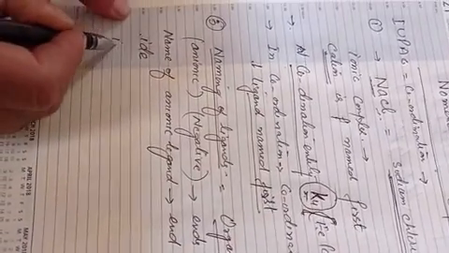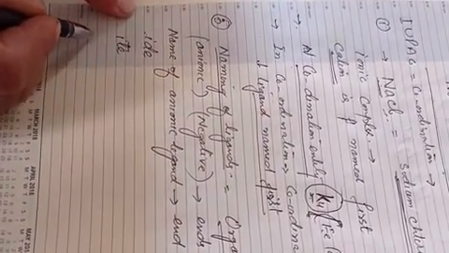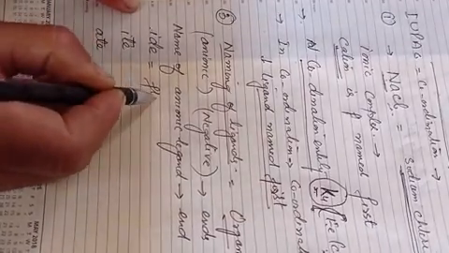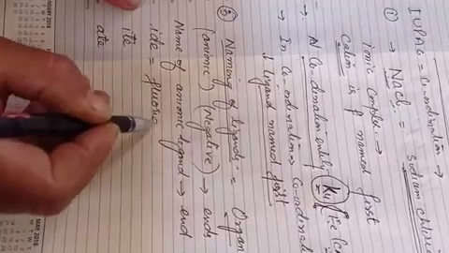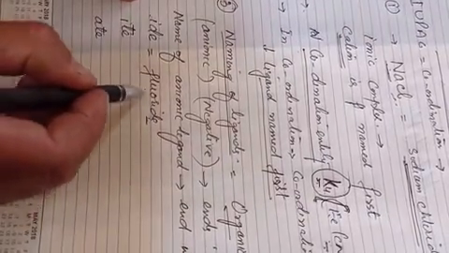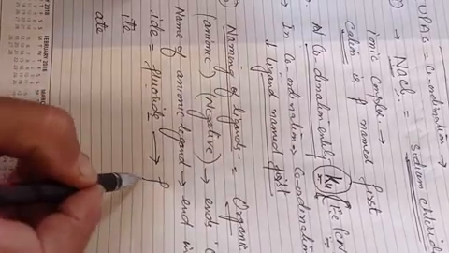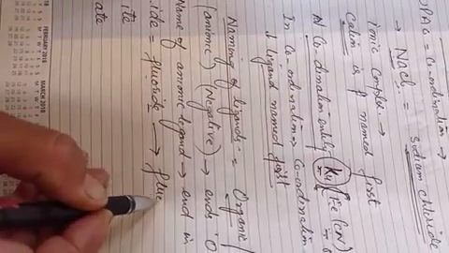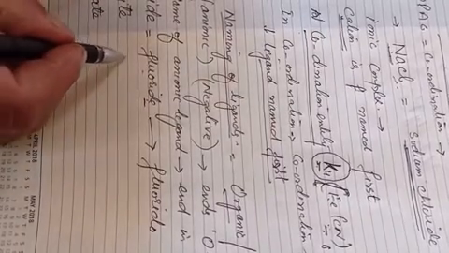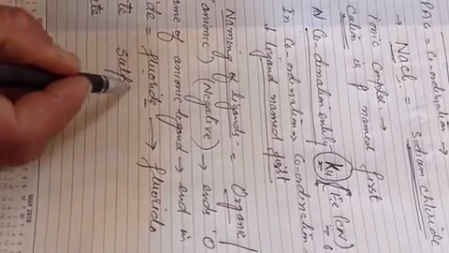for example ide, you have fluoride, so this E is replaced by O, so the name becomes fluorido. Similarly ite, for example you have the negative ligand sulfite, so it will become sulfito.